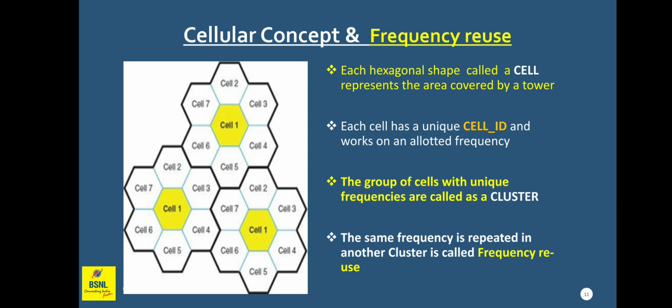In order to make efficient use of these available frequencies, this cellular concept evolved, wherein the same frequencies used around one cell are used at other cells also, so that frequency reuse is done. This concept has enabled mobile communication to expand into all the areas where the customers need the services.